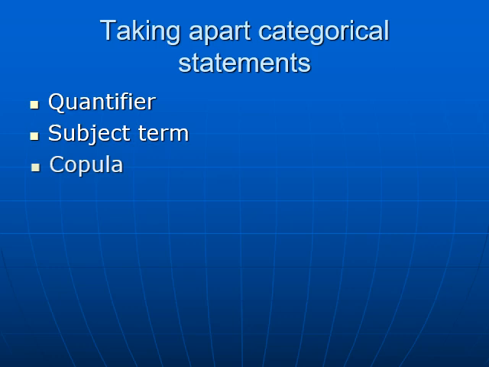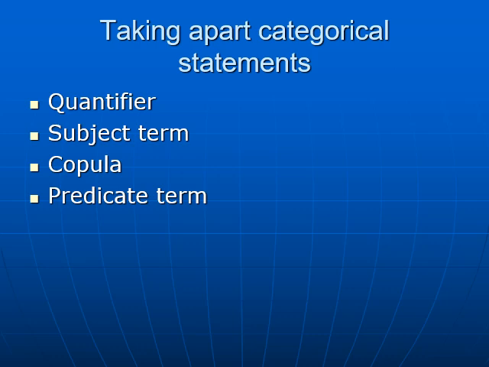Then there's a copula. This connects the two categories in the sentence, in this case, trees and plants. The copula is going to be either are or are not. It's the verb phrase that connects the subject and the predicate. And last, there's going to be a predicate term. In our case, plants.